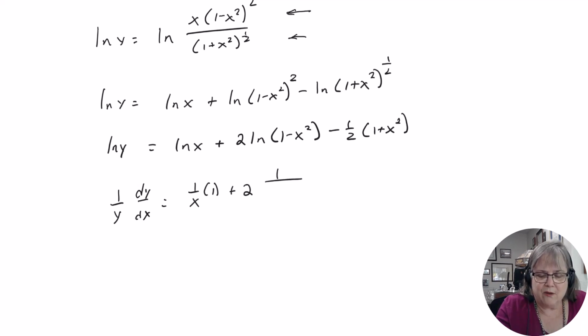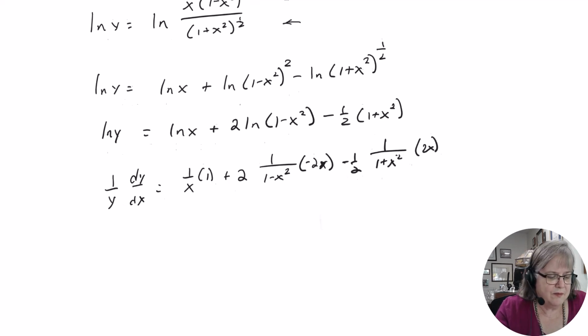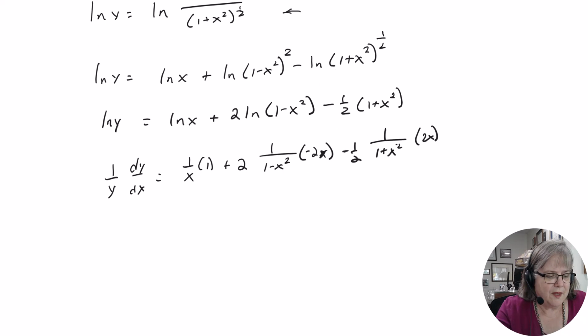This is 1 over 1 minus x squared. And when you loop back in, you have minus 2x. Minus a half, 1 over 1 plus x squared. Loop back in, and you have 2x.